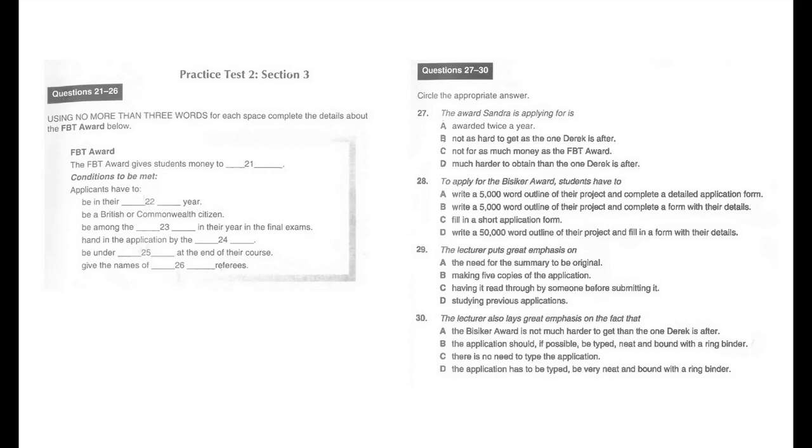Okay. You do know that you have to satisfy a number of criteria to be eligible for each award. Yes. The book is here somewhere. Right, here it is. For you, Derek, let's see. The FBT award. The conditions for that are, you have to be in your 4th year, as you are. Okay. You have to be a British or Commonwealth citizen, so you're okay on that one as well.